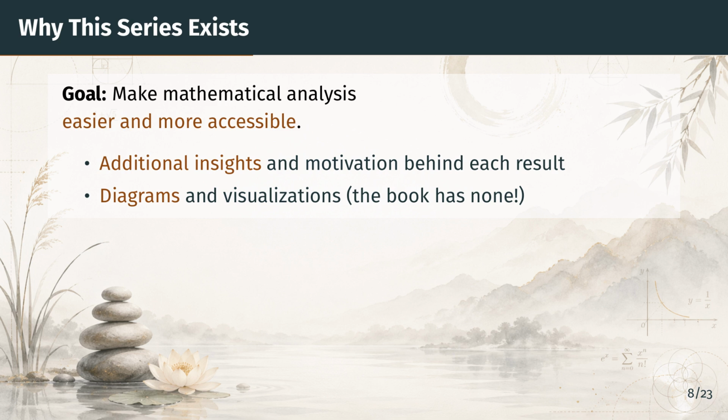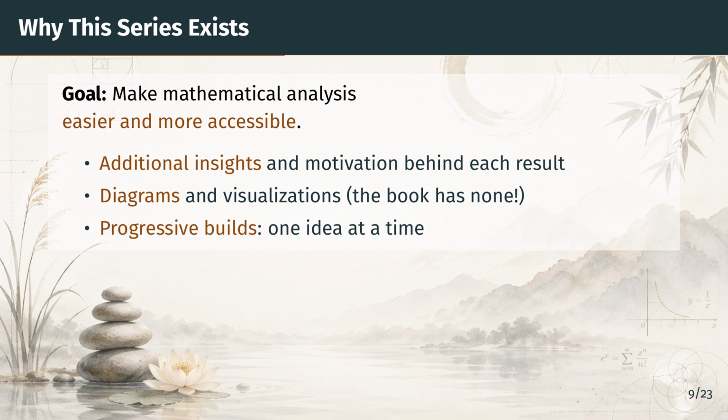We also add diagrams and visualizations throughout. The original book contains essentially no figures, which is a missed opportunity because many ideas in analysis are deeply geometric. Number lines, epsilon neighborhoods, function graphs, compact covers, and convergence pictures can all make abstract statements suddenly click.